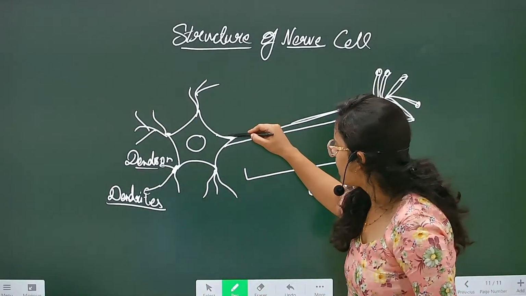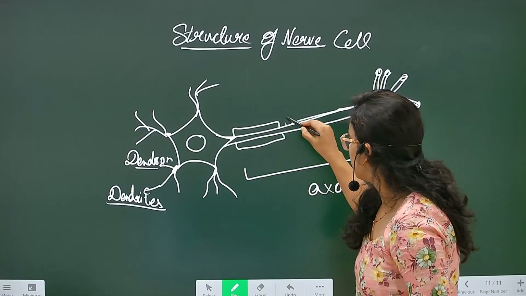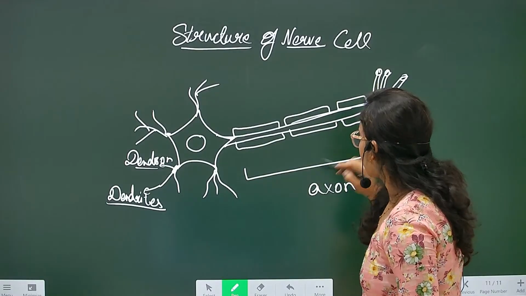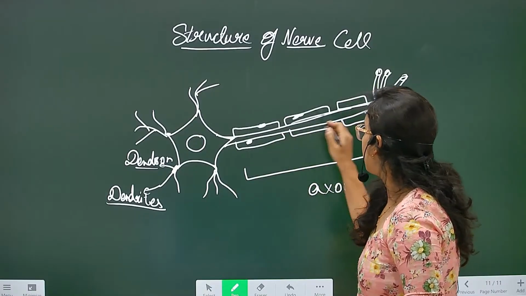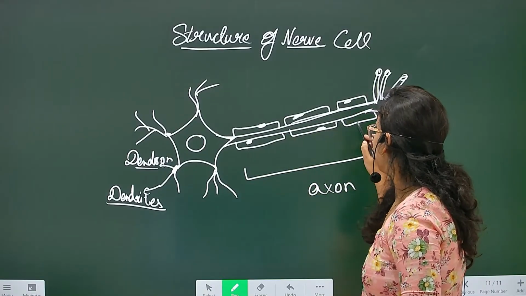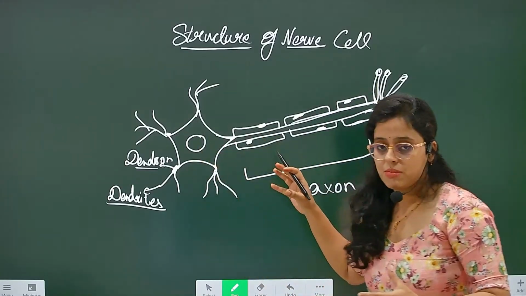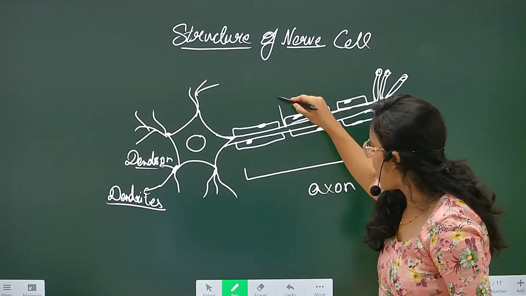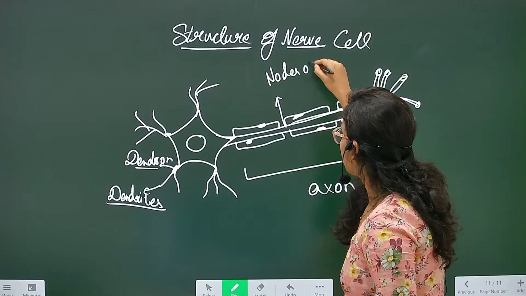And if you see, the axon is sometimes covered by some kind of sheath. Some kind of cells are present, consisting of Schwann cells which form the myelin layer, which acts as insulation of the nerve and prevents leakage. Wherever the myelin sheath is absent, they are called nodes of Ranvier.